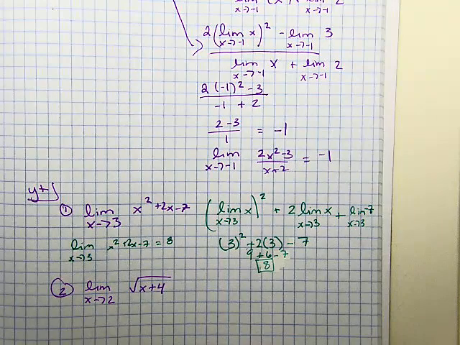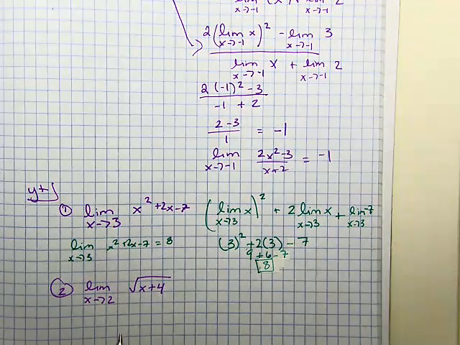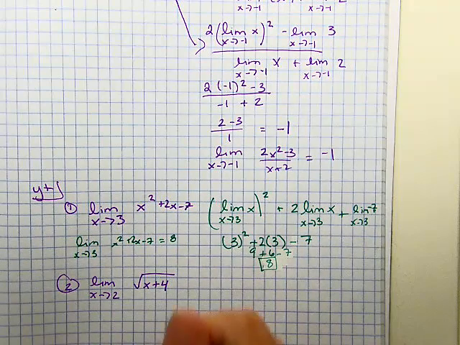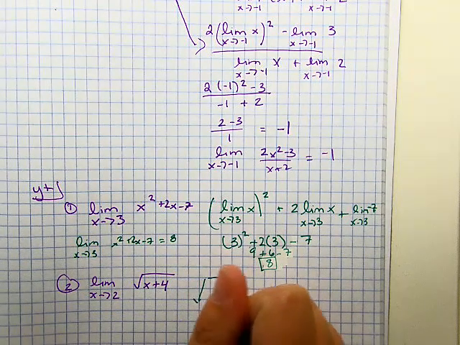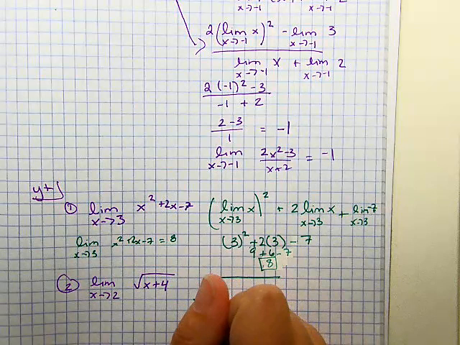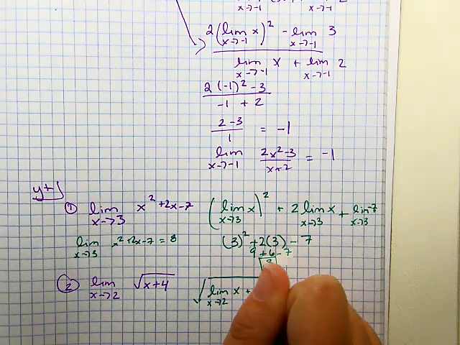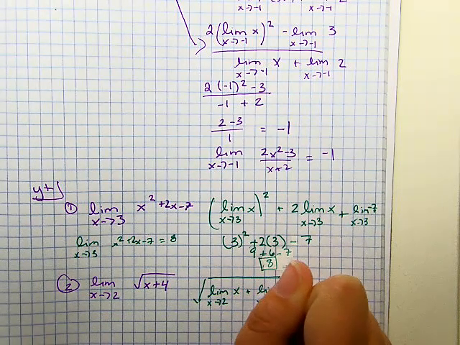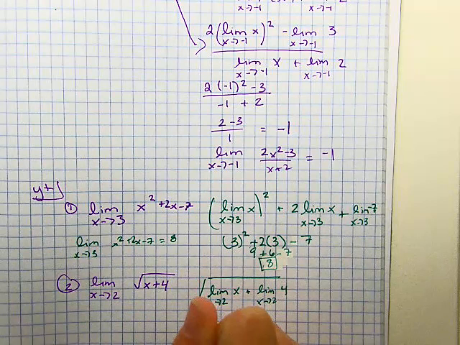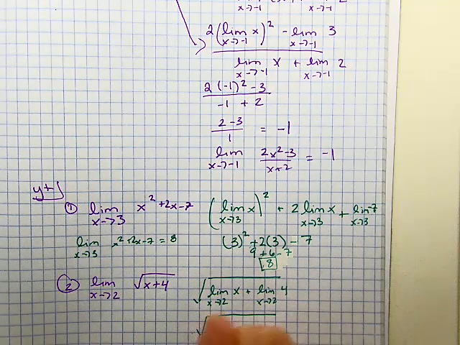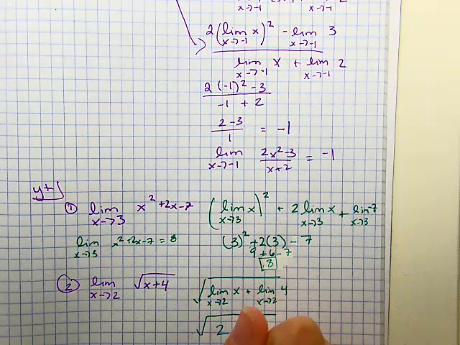Sorry. All right. This one's a little bit trickier because we have this square root. And so we can just write the square root over the entire thing and then write it the limit as x approaches 2 of x plus the limit as x approaches 2 of 4. And the limit as x approaches 2 of x is literally 2, and this is 4.